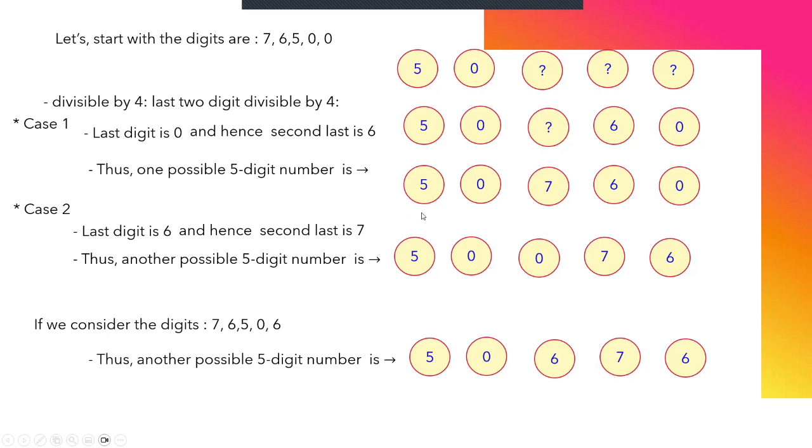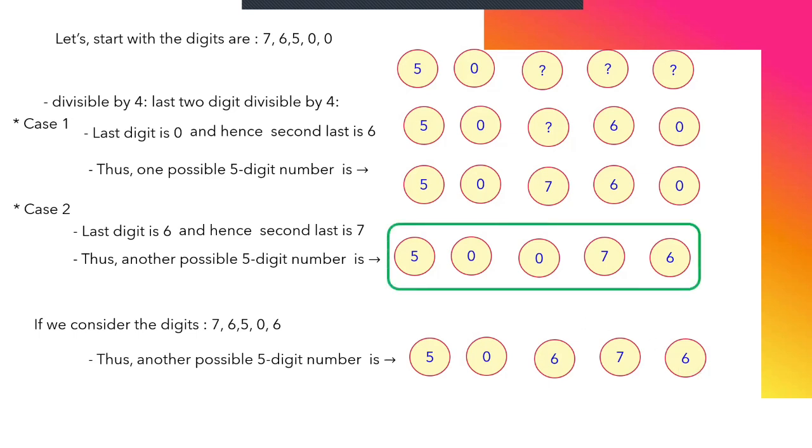So we now have 3 combinations: 50760, 50076, and 50676. Among these, the smallest one is 50076. So our desired number is 50076. Now we have to check that it is divisible by 12. Surely it will be divisible by 12.